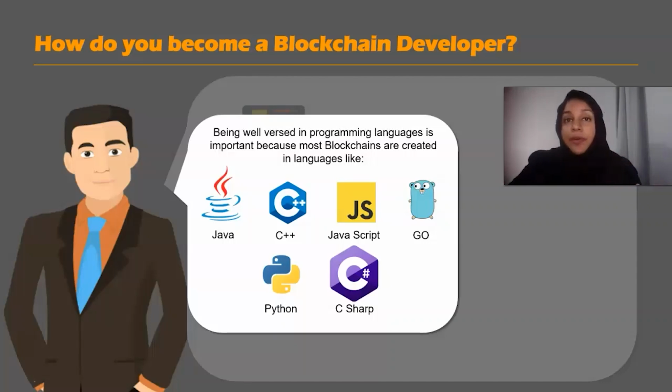because as we discussed, being a software developer means you should know a programming language for writing code into the blockchain network. Some of the programming languages mentioned here are Java, C++, JavaScript, Go, Python, and C Sharp.